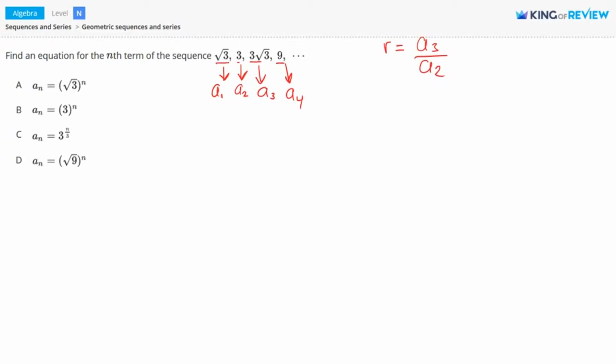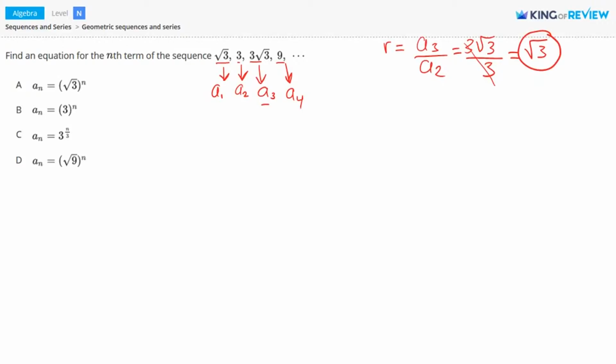You can see I'm comparing the term A3 with its previous term, which is A2. A3 is 3 square root 3, and A2 is 3. These 3's cancel out, and we're left with square root 3. So far, it looks like the common ratio is the square root of 3.